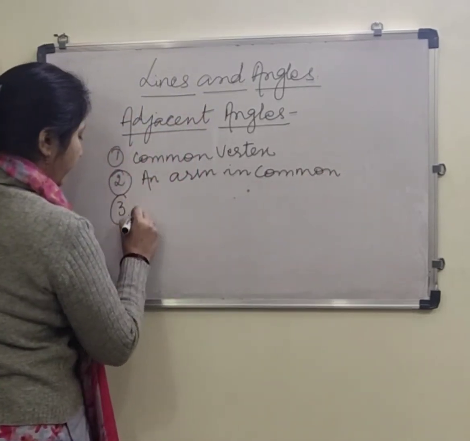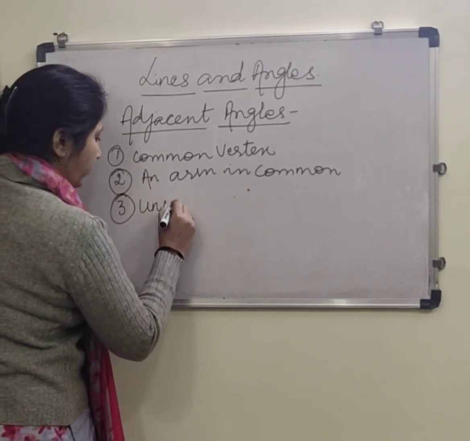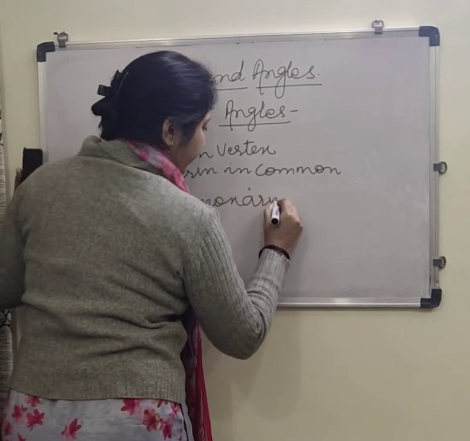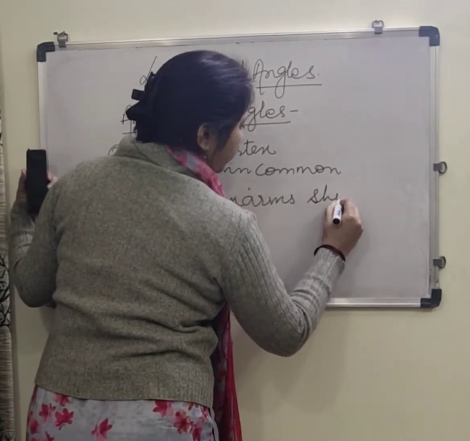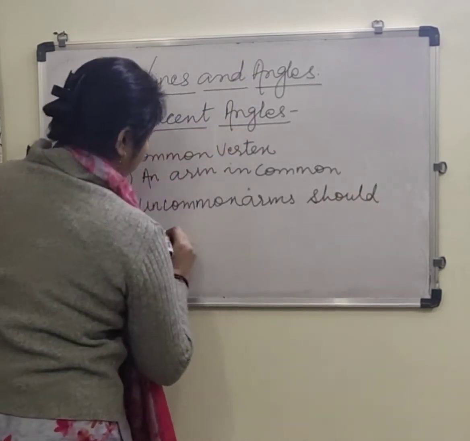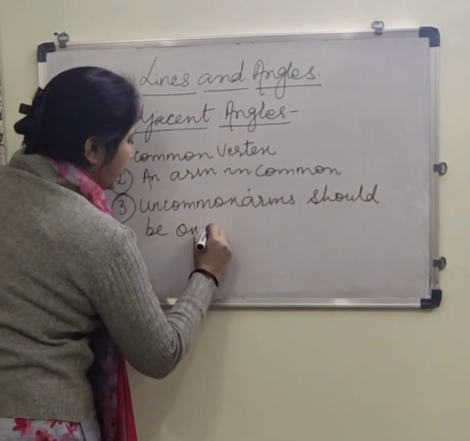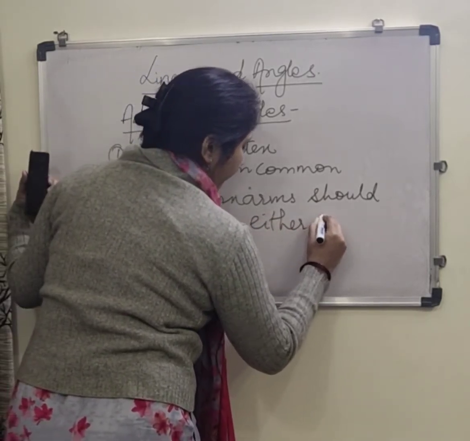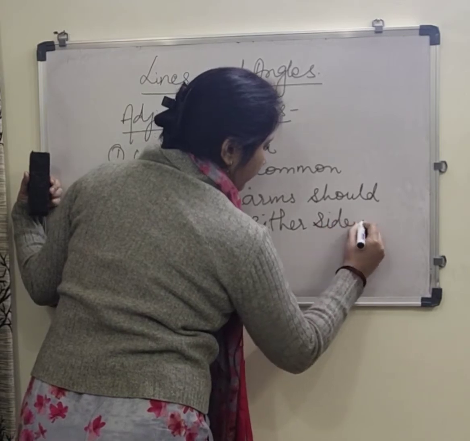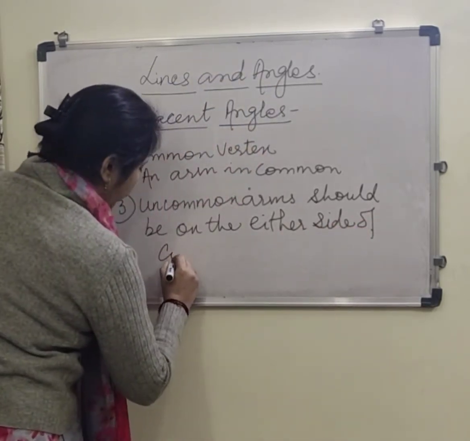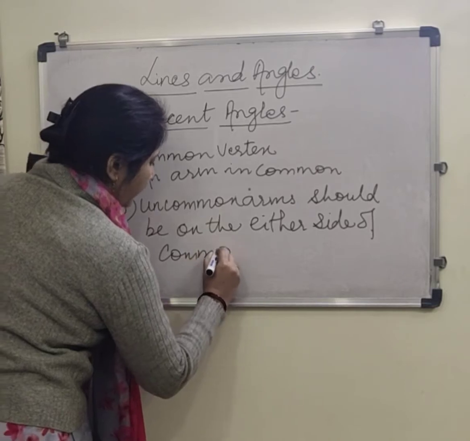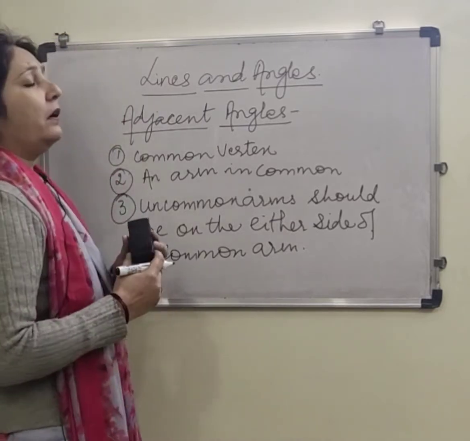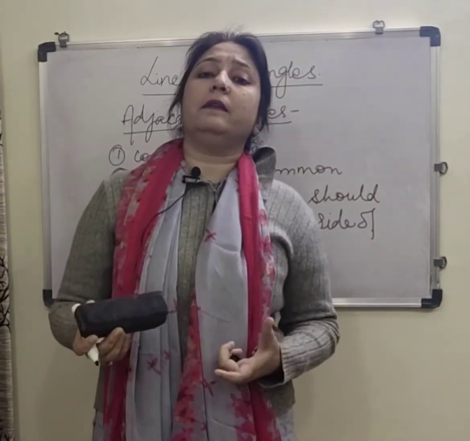Third thing, uncommon arms should be on either side of the common arm. So, if these three conditions are fulfilled, then we get only adjacent angles.